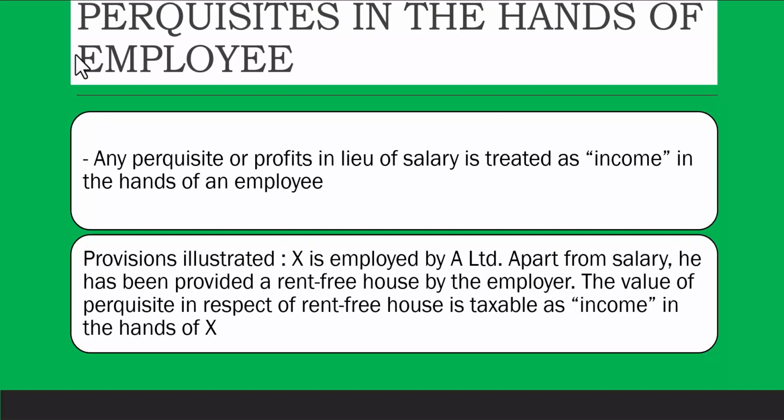Now you can avoid taxes if the company says you don't have to use your salary for living in a house, we'll give you a house. It is your expenditure, and the company is just helping you, so you have to pay tax on the rent-free house they have given you. It will be called perquisite in the hands of the employee.